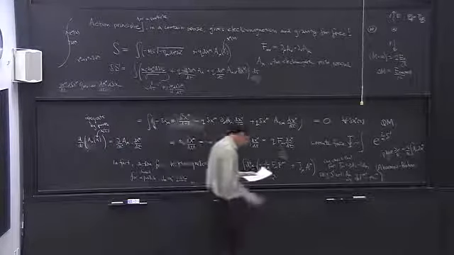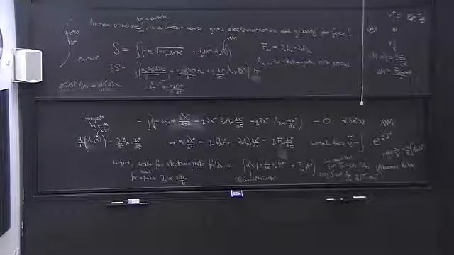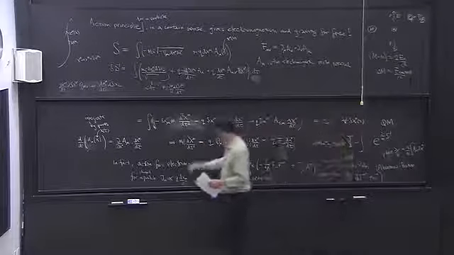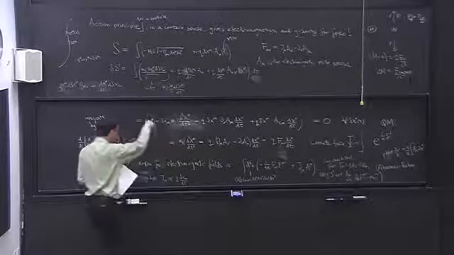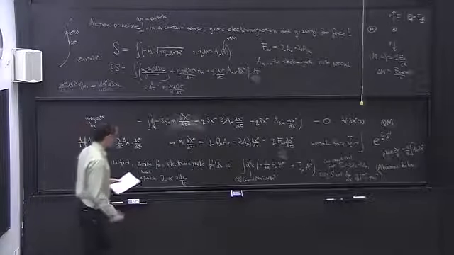And you can read more about that in any of the textbooks. I'm not going to dwell on it. There actually has to be a delta function in space-time because the current is only non-zero at the particle. But I'm not going to go into that.